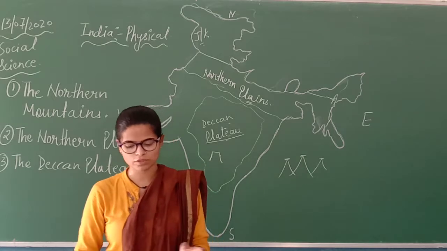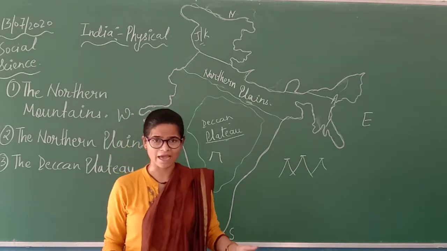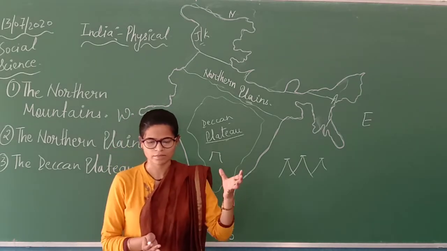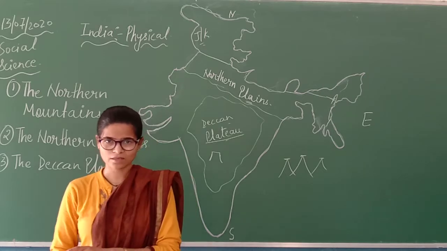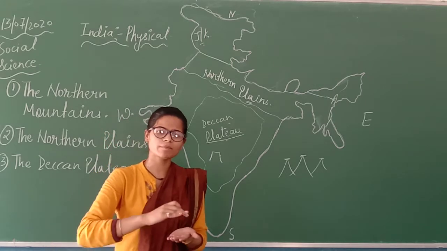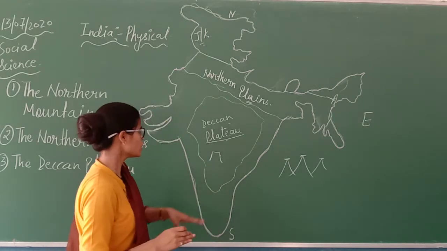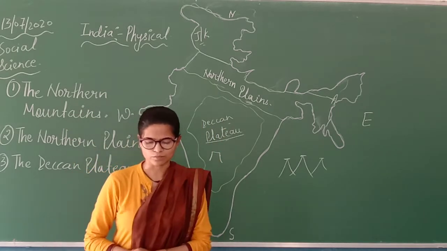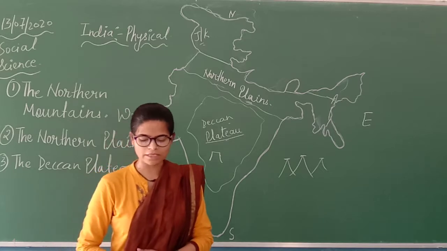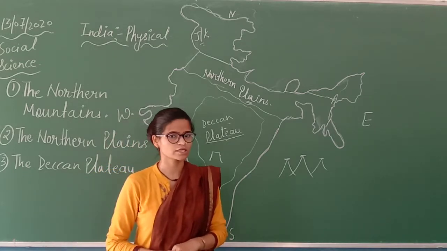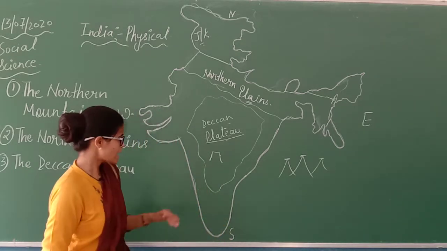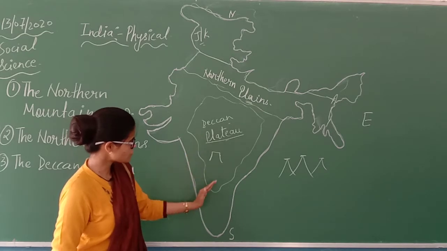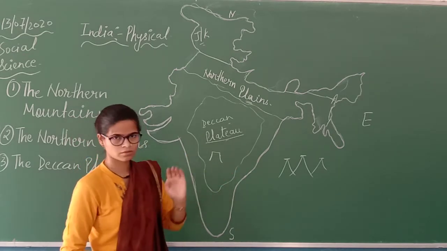A plateau is higher than the surrounding land, and on the top it is flat. So this area is the Deccan Plateau, and it is also located in the southern part of India. That means you will see some of its part going to the south also.